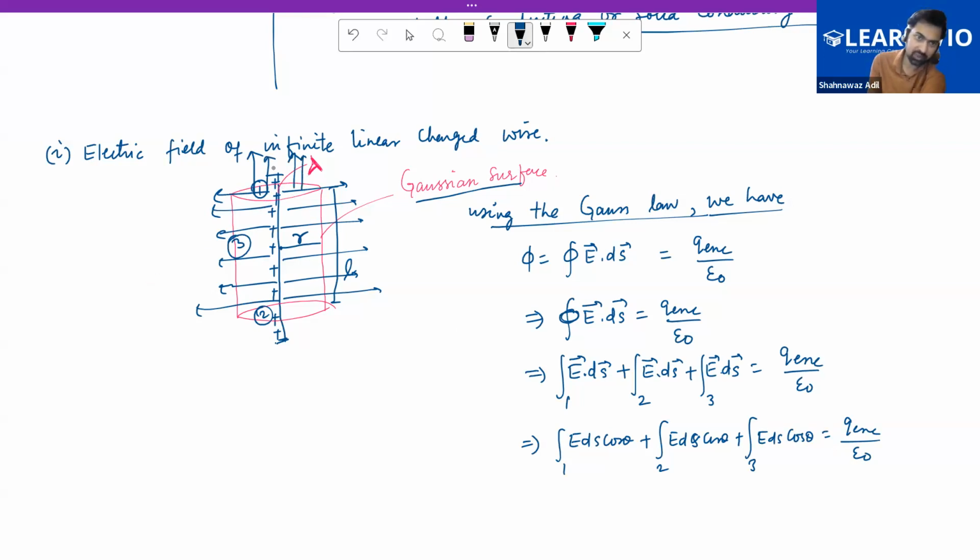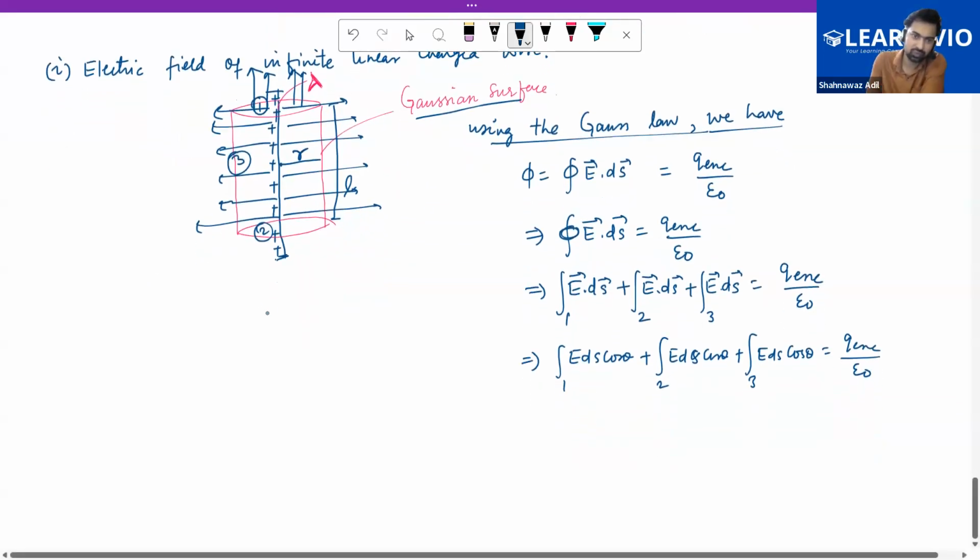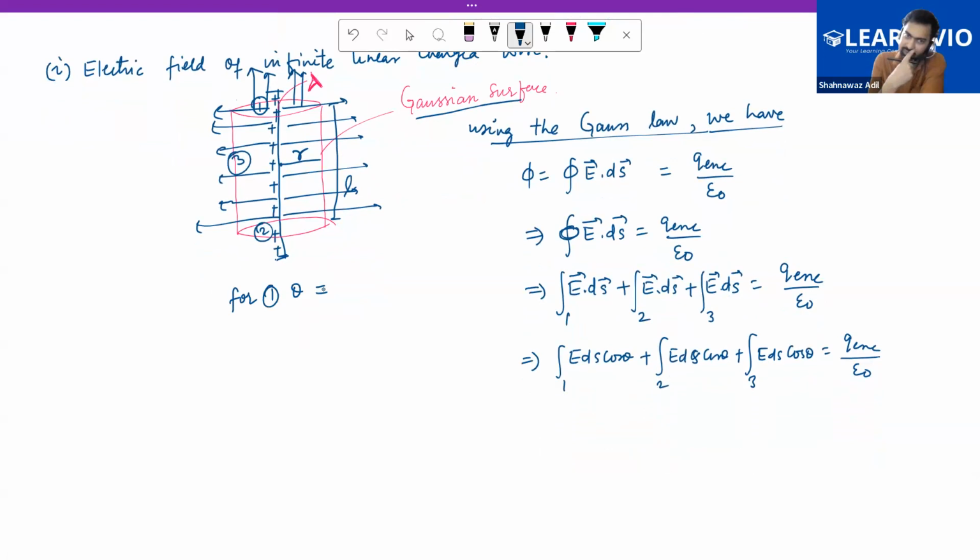So the angle between the area vector and the electric field, how much is theta? This is normal to the surface, and this is the electric field. So theta is 90 degrees.